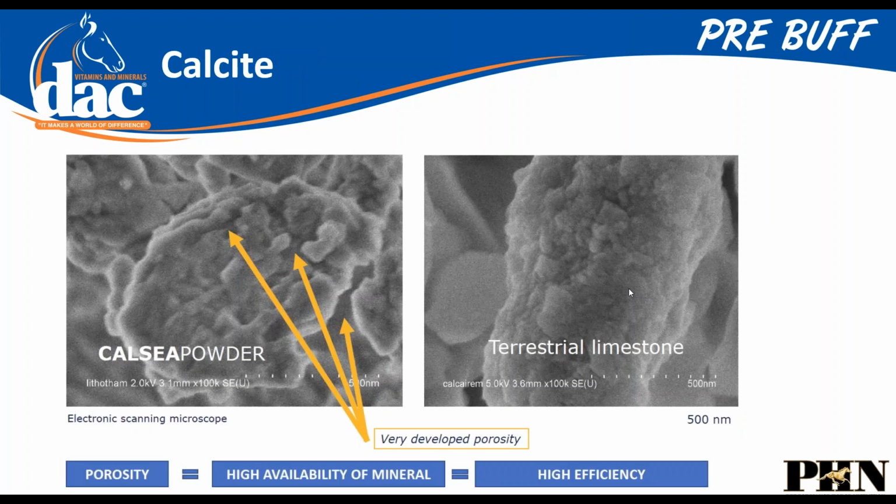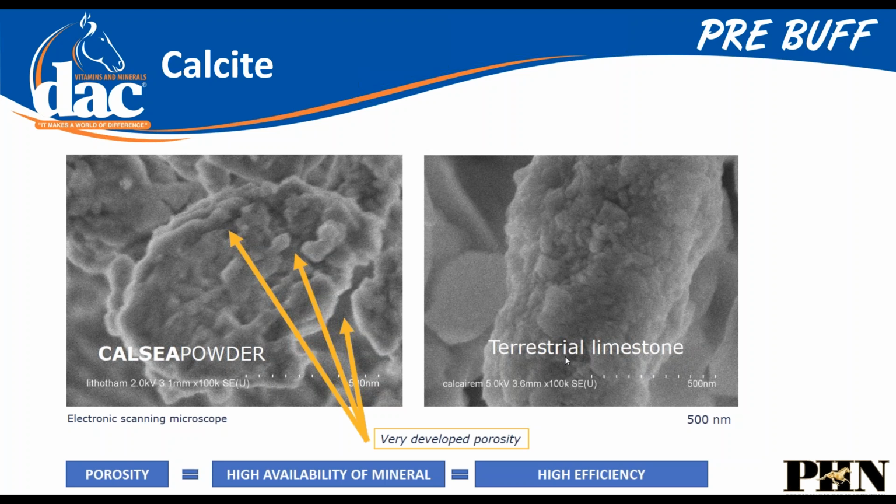The brand name of the product we use is Calcite powder, and you can see here it's under electron microscope. It's really porous. It's got a lot of holes in it because it is a honeycomb structure, and we'll look a little closer under the microscope and see that.